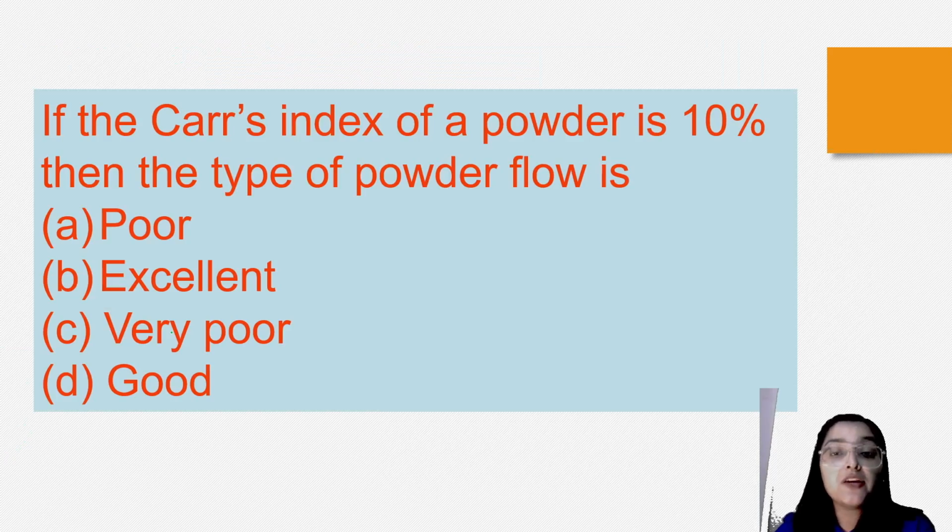Next, if the value of Carr's index of a powder is 10%, then what is the powder flow? We have seen this question. I'll give you 10 seconds to answer.